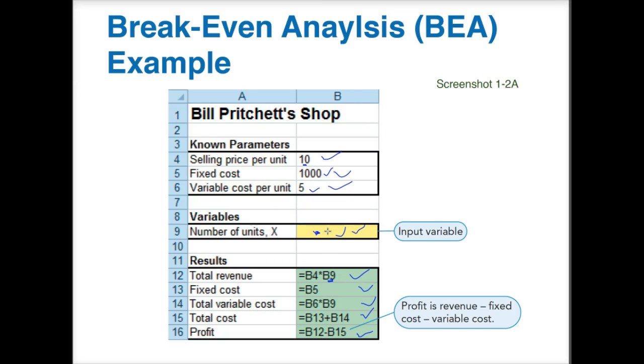The total cost for that is just going to be fixed cost plus variable cost, or B13 plus B14. And our profit is going to be B12, which is our total revenue, minus B15, which is our total cost. And of course, if we're looking for break even, then we want this figure here to end up equaling 0.